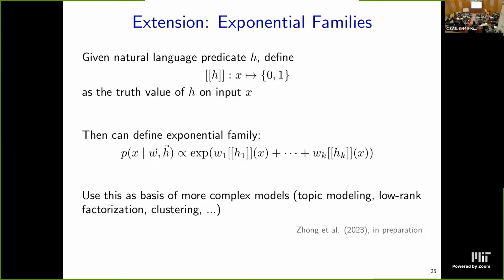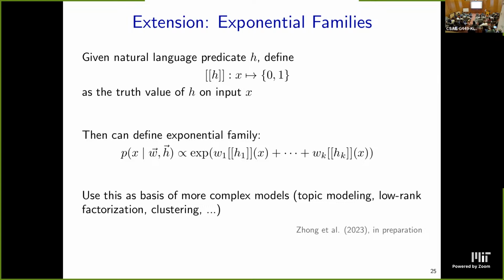We can do this fairly straightforwardly, because the only thing I used was this denotational semantics that lets me take a natural language predicate and turn it into a function. Let's ignore the comparative part and just think about one-argument predicates, although you could generalize. Given any natural language predicate h, I could define bracket h to be the semantic denotation of h, which maps some input x to the truth value of whether h is true of x.